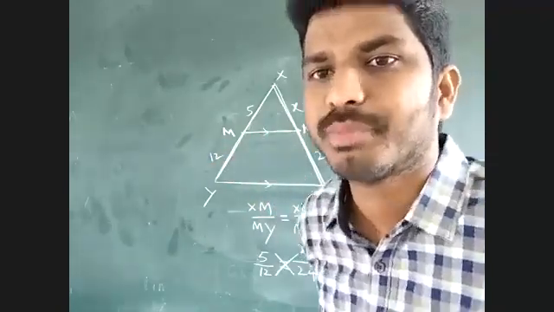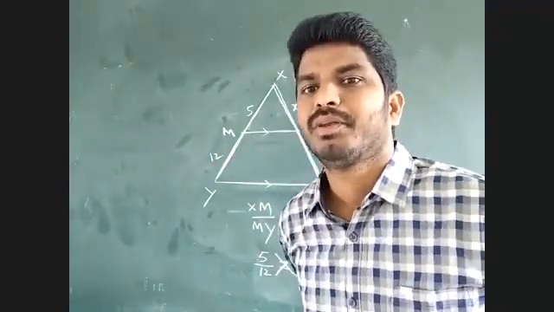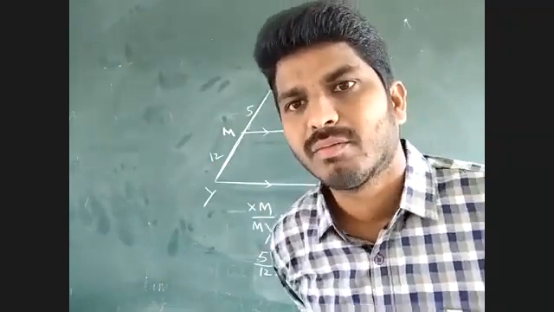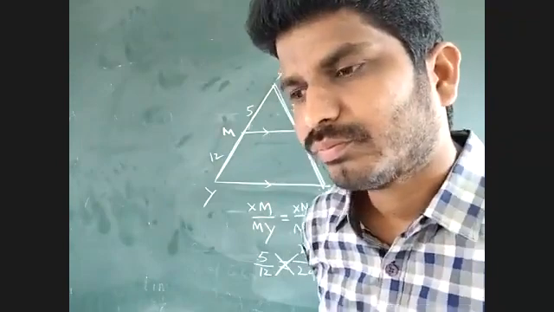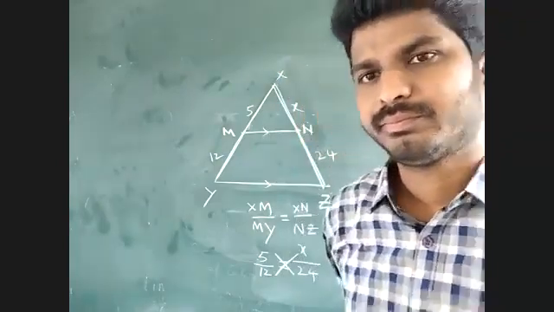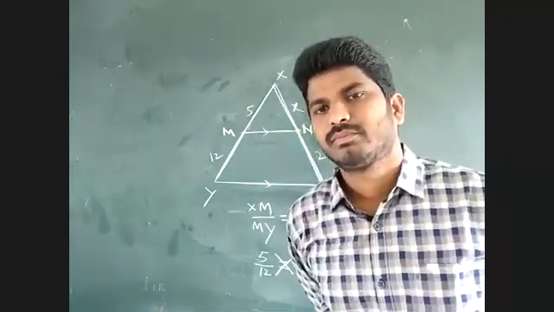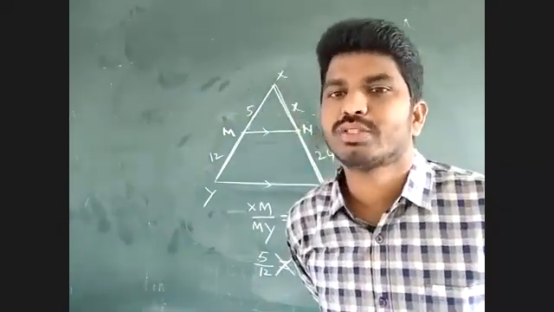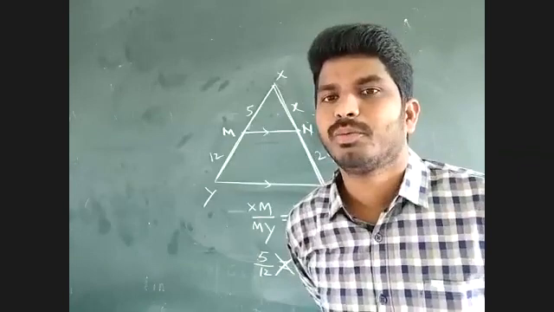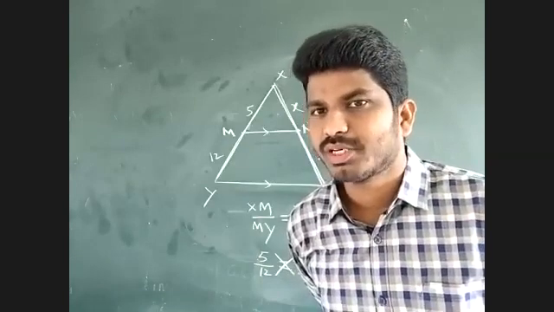That is the basic proportionality theorem statement. Tell me once again. If a line is drawn parallel to any one side of a triangle, then the other two sides are divided in the same ratio.